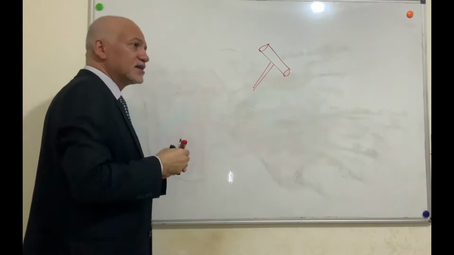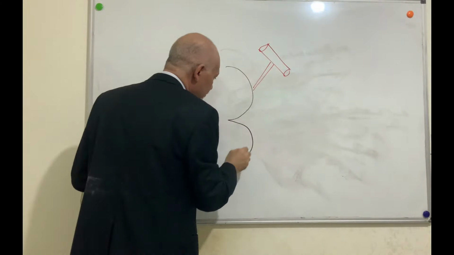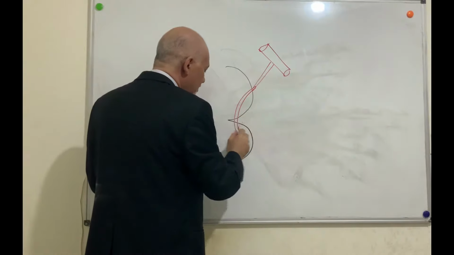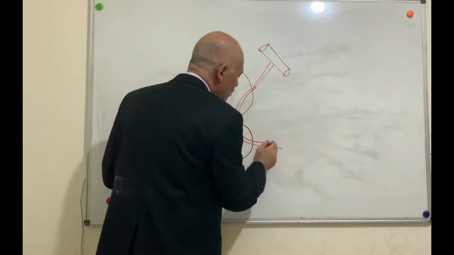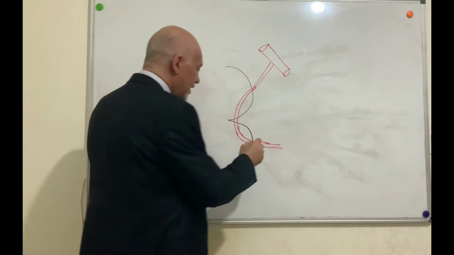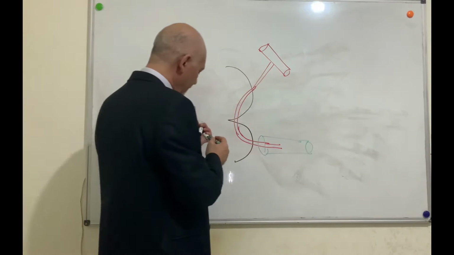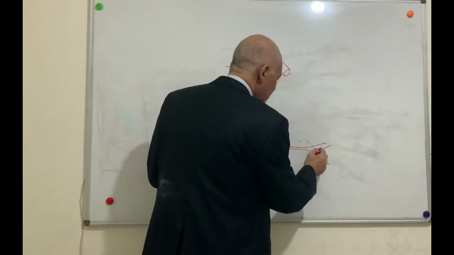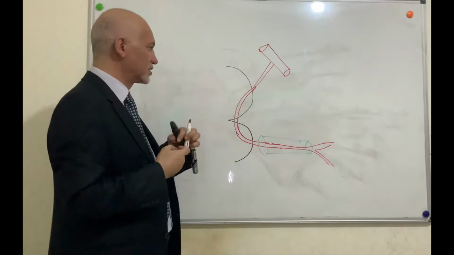Like the nerve, it comes out through the greater sciatic notch, and on the back of the ischial spine enters through the lesser sciatic notch to enter the pudendal canal and gives terminal branches. This is the course of the internal pudendal artery.